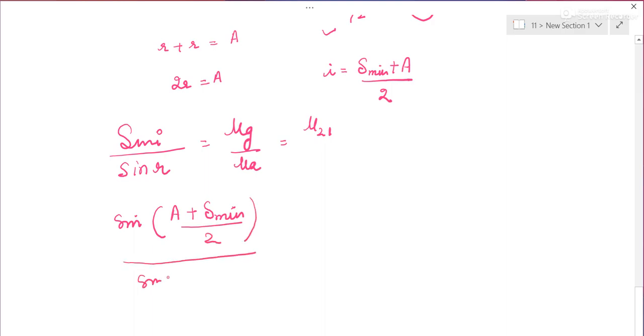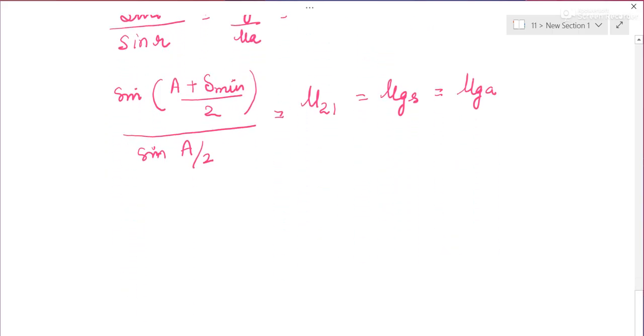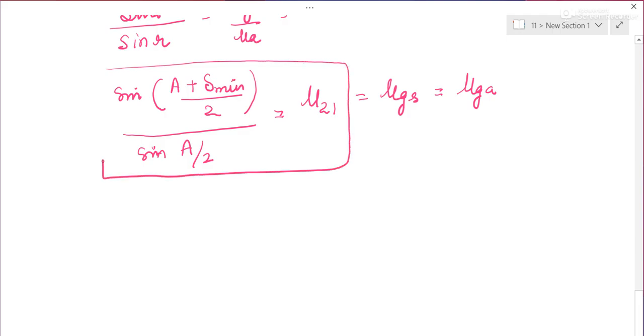Put the value of R also, sin A by 2, R is A by 2. So this will be equal to mu 2 1, or mu glass with respect to surrounding, or mu glass with respect to air. So this is your Prism formula. This equation is known as Prism formula. Very important.